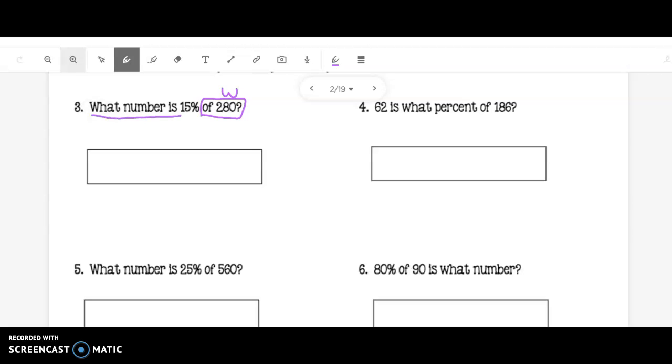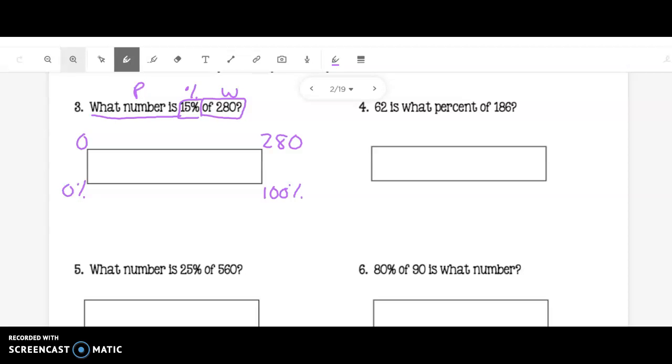What number is, that's the part that's missing, and we have 15% right here. So 280 is the whole number, so that would be 100%. We're going to put our percents on the bottom, and then 0% goes down here. Make sure you leave yourself enough room to get the percent sign, and the number 0 on top there.